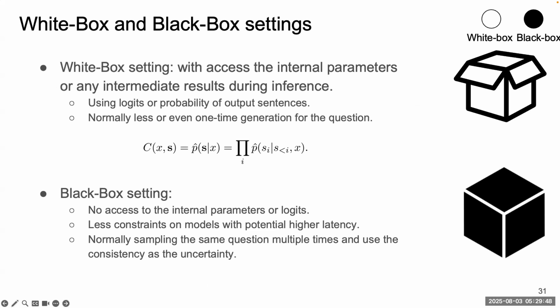But we also consider that white box, because they have the model's probability on certain internal parameters or intermediate results. In the black box setting, we do not assume we have the probability distribution on certain logits. We only have the generated sequences or generated tokens, right? And this is less constraining on the models. Normally it's sampling the same question multiple times and using the consistency as uncertainty.